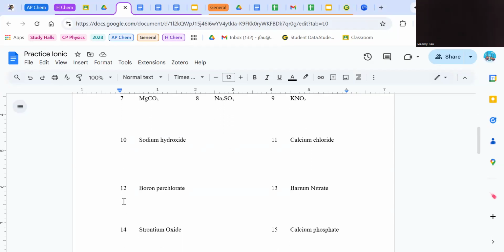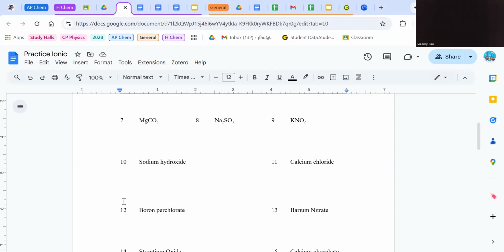All right. So let's look at number 11. In 11, we're going to write out the formula. Calcium is easy. So we write the symbol for calcium, which is Ca. And then for chloride, well, chloride was originally chlorine.